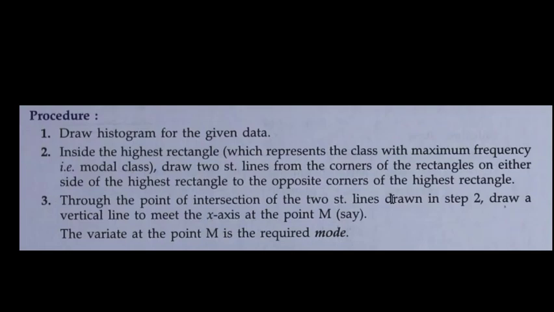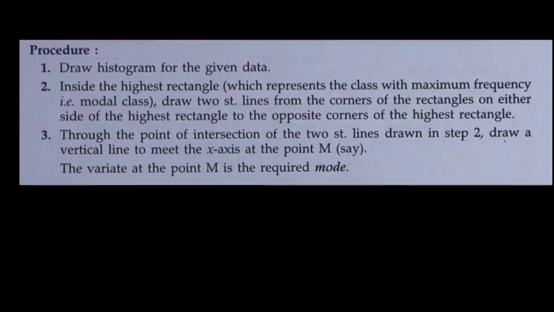Second, inside the highest rectangle, which represents the class with maximum frequency, that is the modal class, draw two straight lines from the corners of the rectangle on either side of the highest rectangle to the opposite corner of the highest rectangle. Now, I hope it is difficult for you to understand what we are doing in the second step.